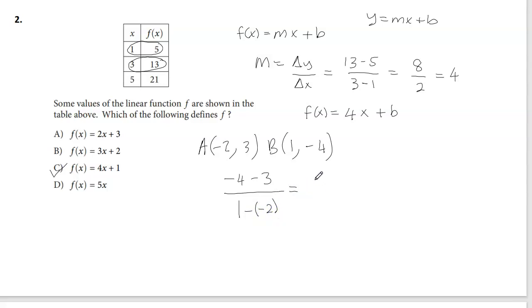So the top one will be minus 7, the bottom one will be what? 1 minus 2 is what? 1 plus 3, right? If you do it this way, in the same direction, you're not going to get anything mixed up, right? So always be careful.